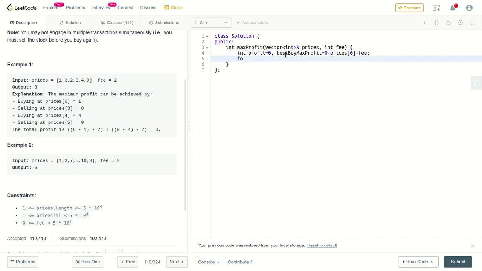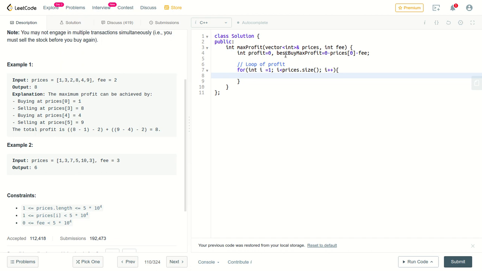Okay, now we have to iterate, and also let's call this the loop of profit, right? Makes sense? I equals 1, i less than prices.size(), i plus plus.